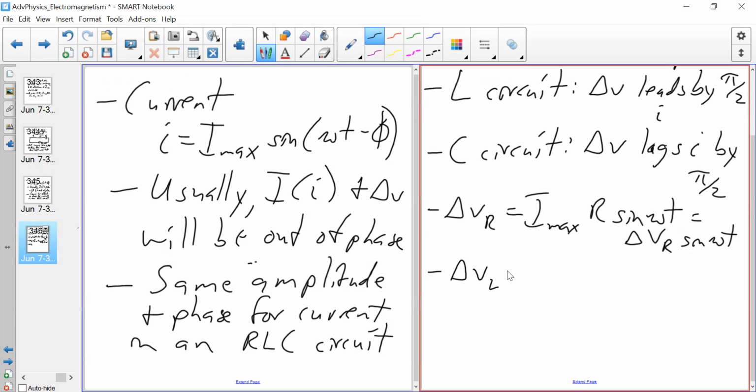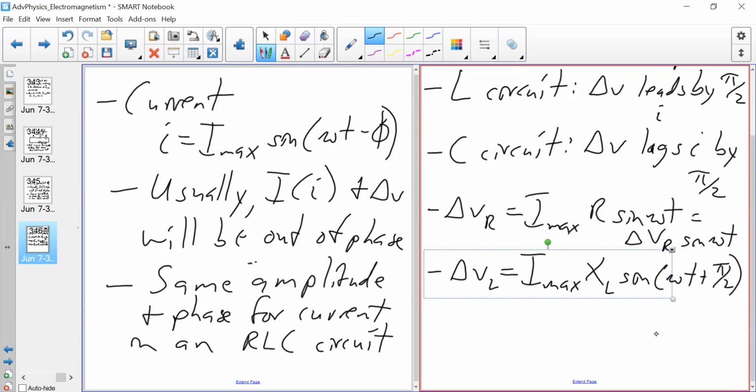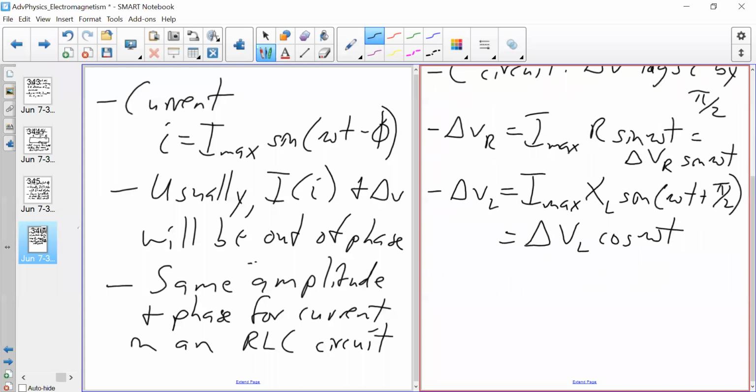Voltage in an inductor circuit, I max XL sine of omega t plus pi over 2, because we know that the voltage is going to lead by pi over 2, which is delta VL cosine omega t.